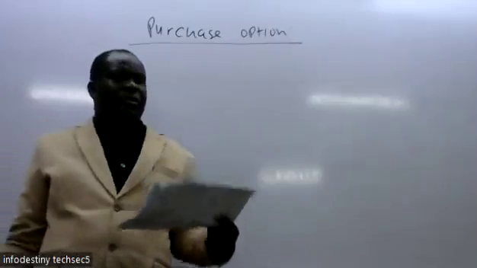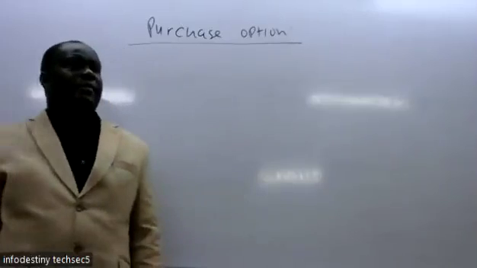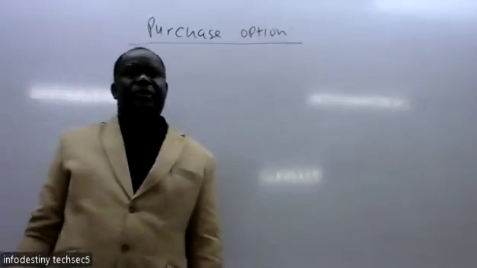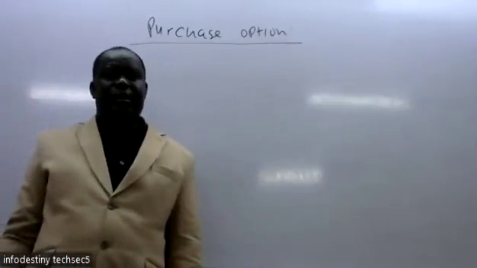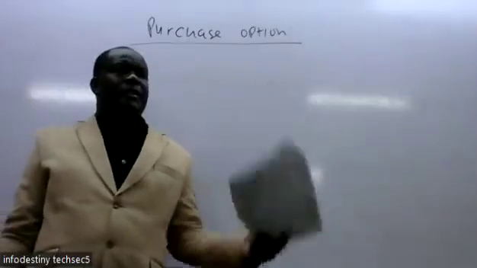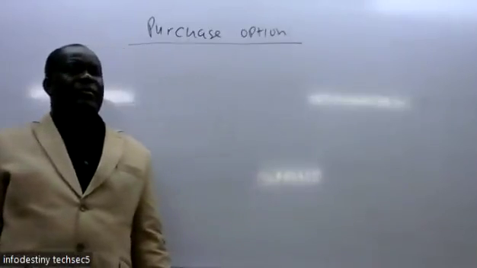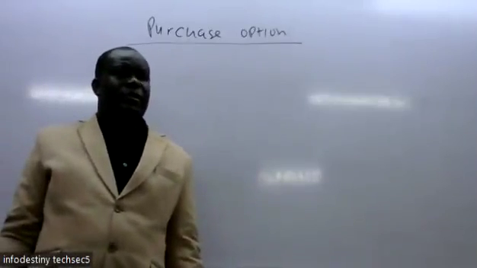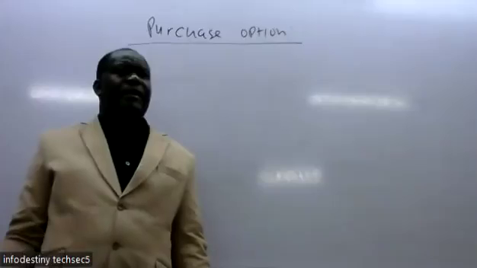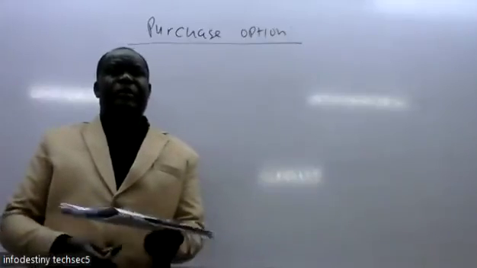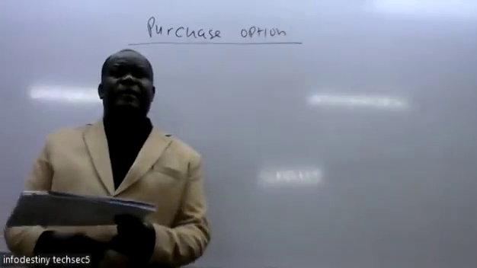Depreciation is on what? Reducing balance basis. So it is not on the straight line. Normally on the straight line, you simply take the initial cost, minus the salvage value, and divide by the economic life. But this one is on the reducing balance basis.